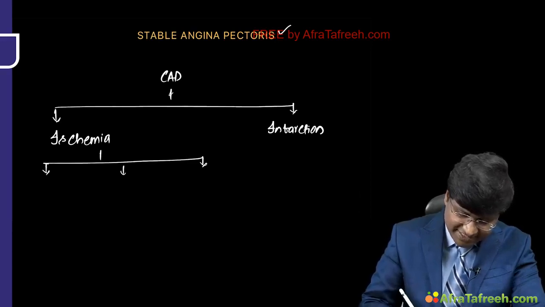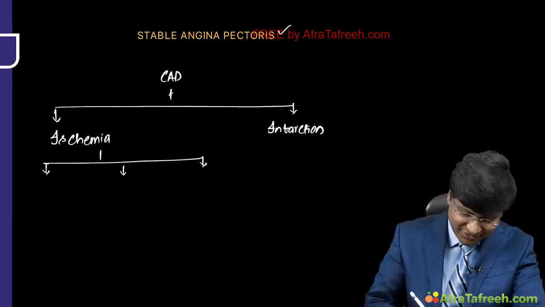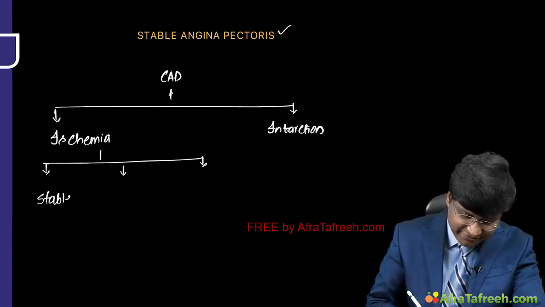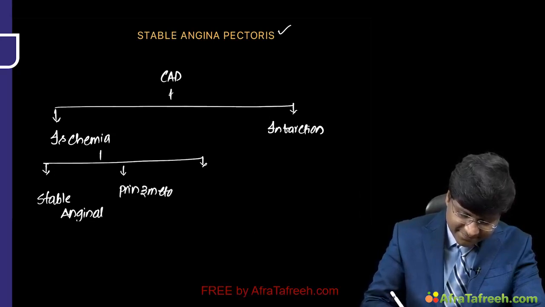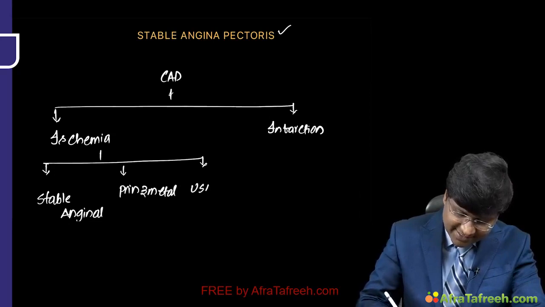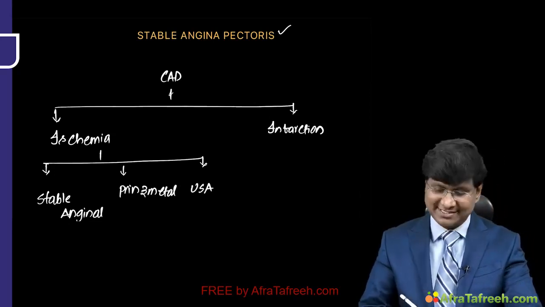Depending upon severity, ischemia is classified into stable angina, Prinzmetal angina, and unstable angina.